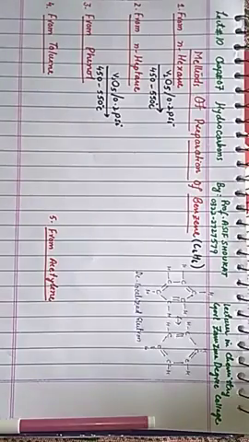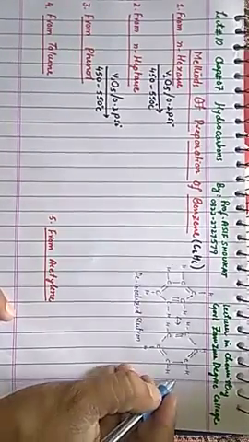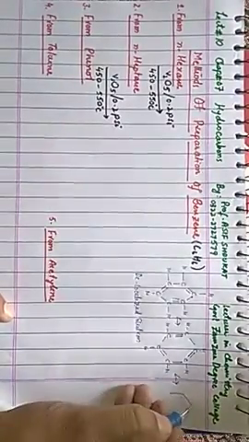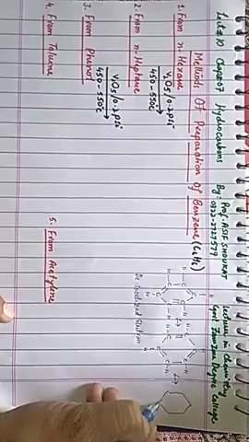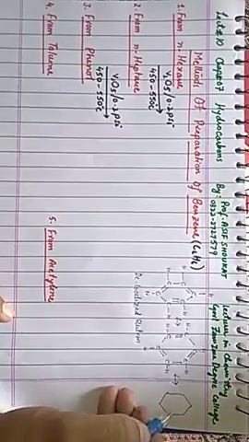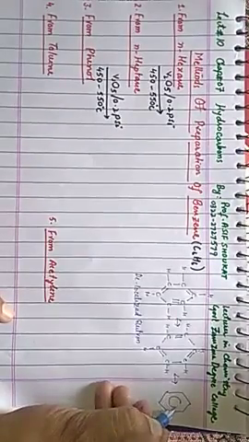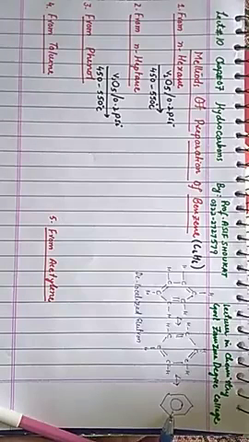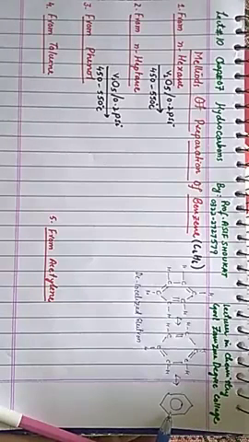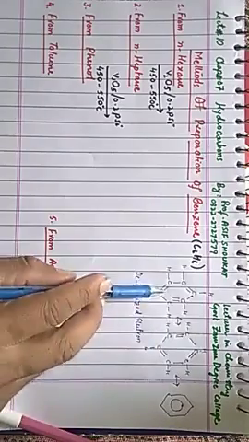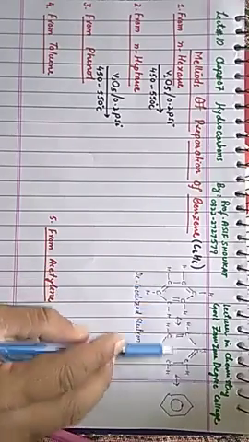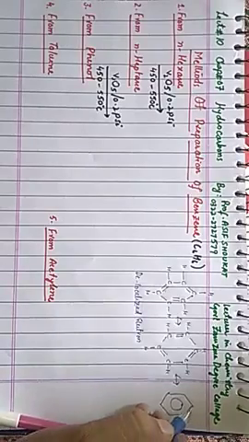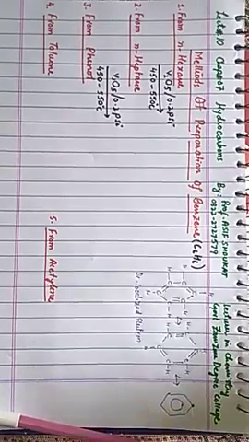So that's why for benzene we have made a most simplified structure. This one is a simple hexagonal ring and there is a circle. This structure also represents benzene. In a chemical reaction, you can draw any one structure among these three, but be careful about this one because it's the most simplified form.